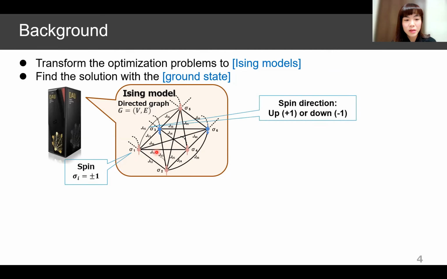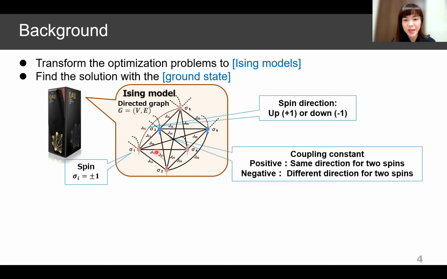If the spin value is +1, it means the direction is up. If the spin value is -1, the spin direction is down. You can also see some notation like J something. It is the coupling constant between two spins. For example, J12 means the coupling constant between spin number 1 and spin number 2.